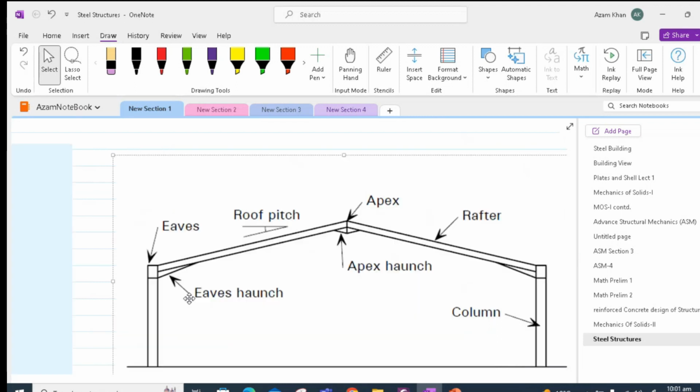In order to provide a robust connection at the location of negative moments, we can have these locations reinforced by haunches. These haunches stiffen up the apex and the eaves and give a robust moment connection.